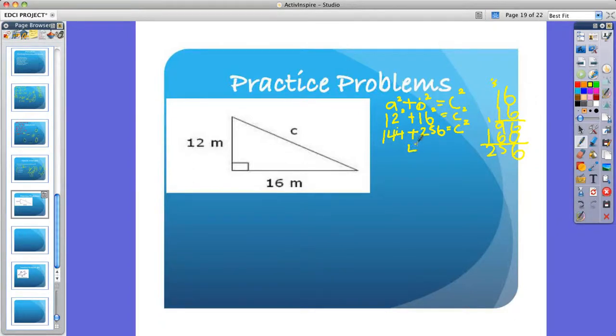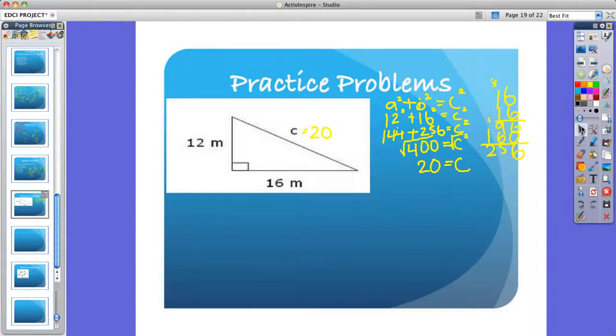These two added is 400 and equals C squared. So we take the square root and that equals 20.